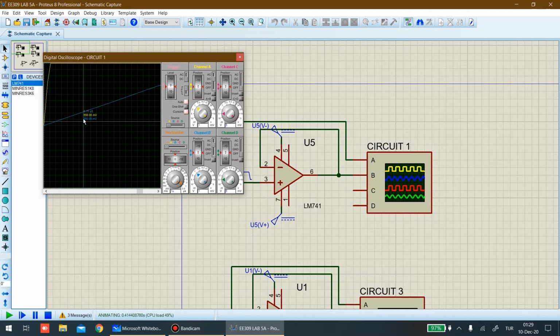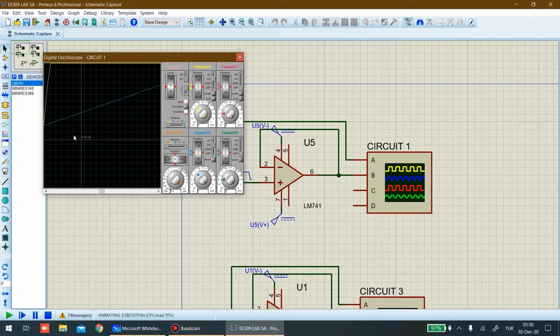So let's see, for this region, for this block, let us count the squares. 1, 2, 3, 4, 5, 6. 6 squares in the horizontal region and 2 squares in the vertical region.